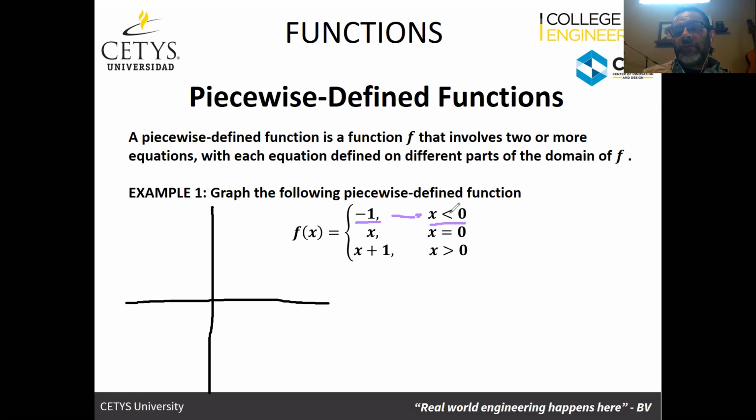And notice that we have a less than, not a less than or equal. So what's that going to mean? First, I'm going to locate the -1. So the -1 is right here. That means that for all of the values that are less than 0, the function is going to be -1. And I'm going to draw a little circle here.